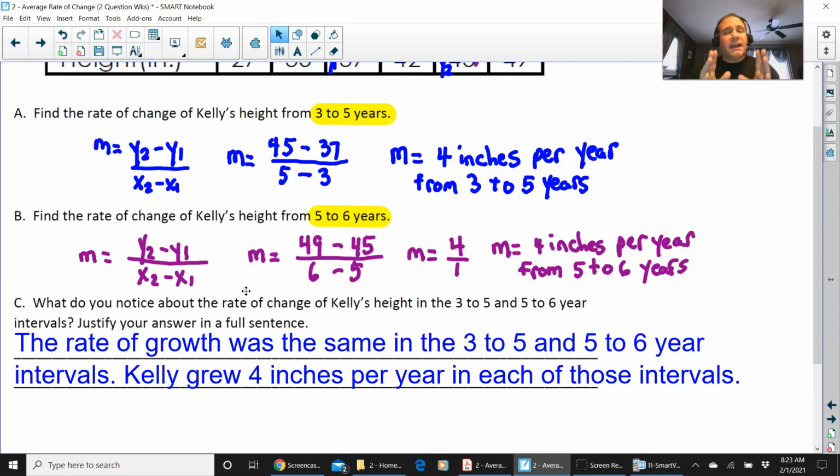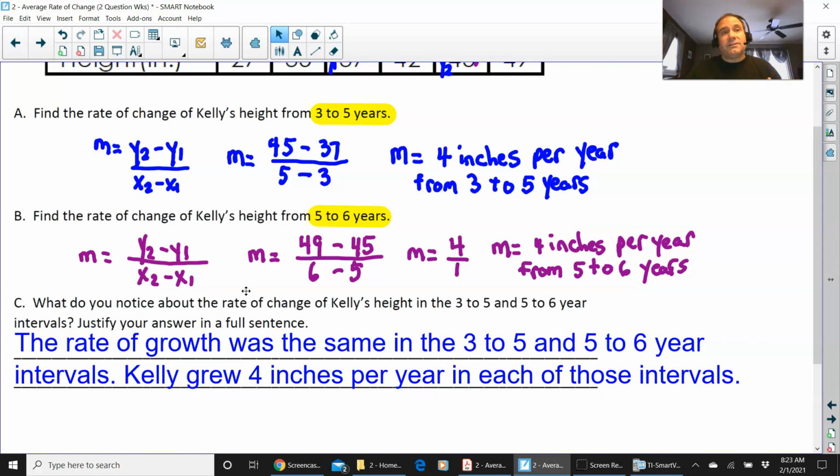Just remember, average rate of change is really just taking the average, the rate of change that you already know. And the reason why it's average rate of change is because these functions are non-linear. So when you're taking the rate of change of a linear function, you have the same slope throughout, right? The slope is constant. That's what makes it straight. But in these cases, it's not the same.